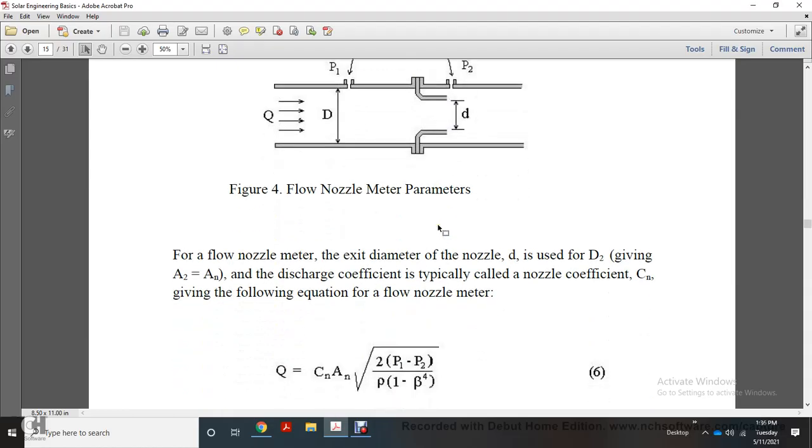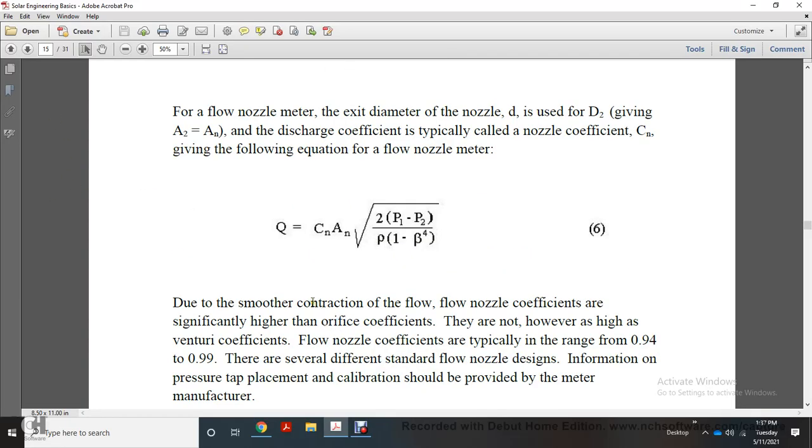For a flow nozzle meter, the area A2 is equal to the nozzle area AN. The coefficient is typically called the nozzle coefficient. It uses the original quantity equation, but with the nozzle coefficient times the area.